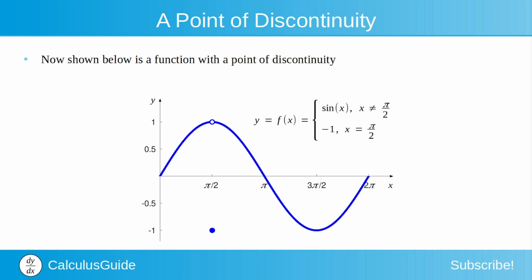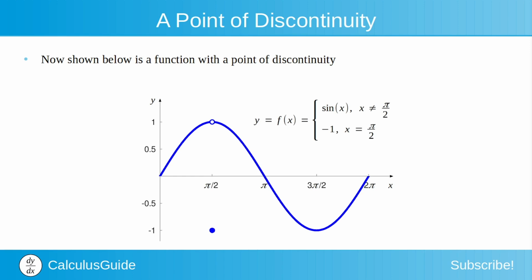Now shown below is a plot of the function y equals f of x equals sin x for values of x not equal to pi over 2, and y equals f of x equals minus 1 when x equals pi over 2, on the closed interval from 0 to 2 pi.